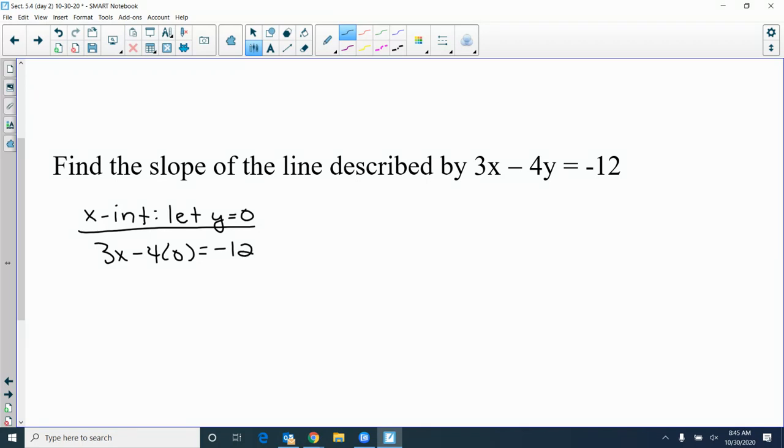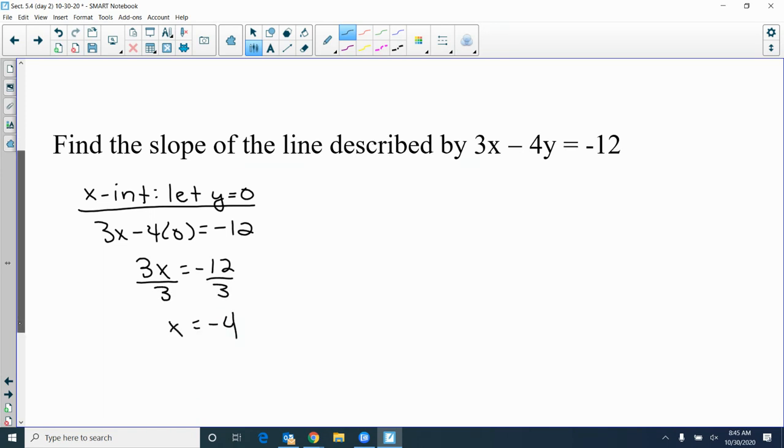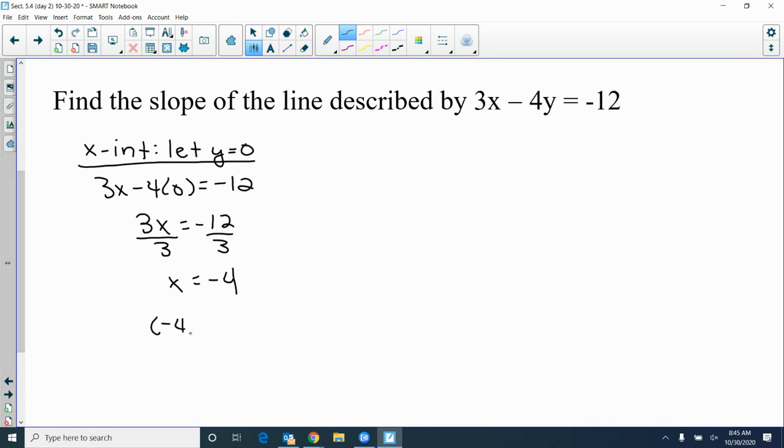It wipes that whole little piece out, and so we end up with 3x equals -12. Divide by 3, and I get x equals -4. Make sure you write that point as (-4, 0).